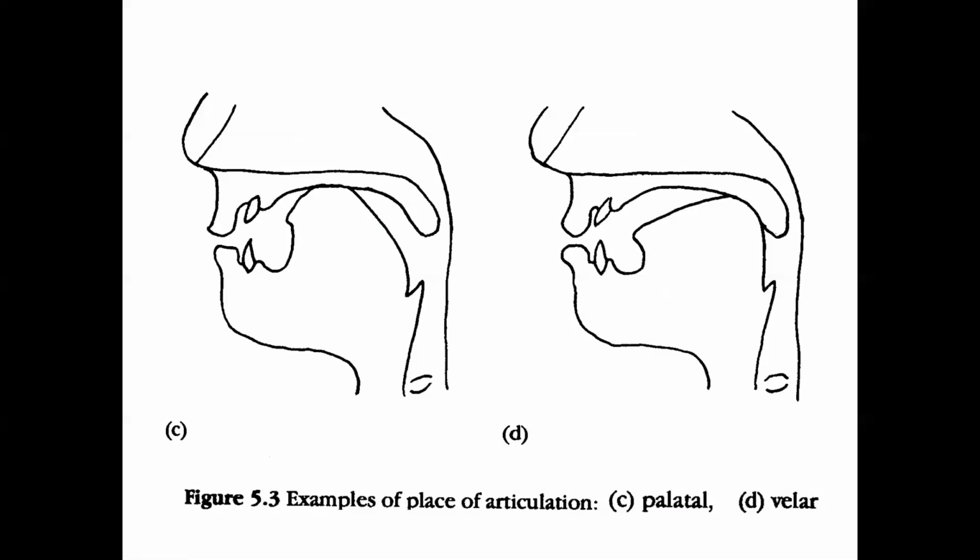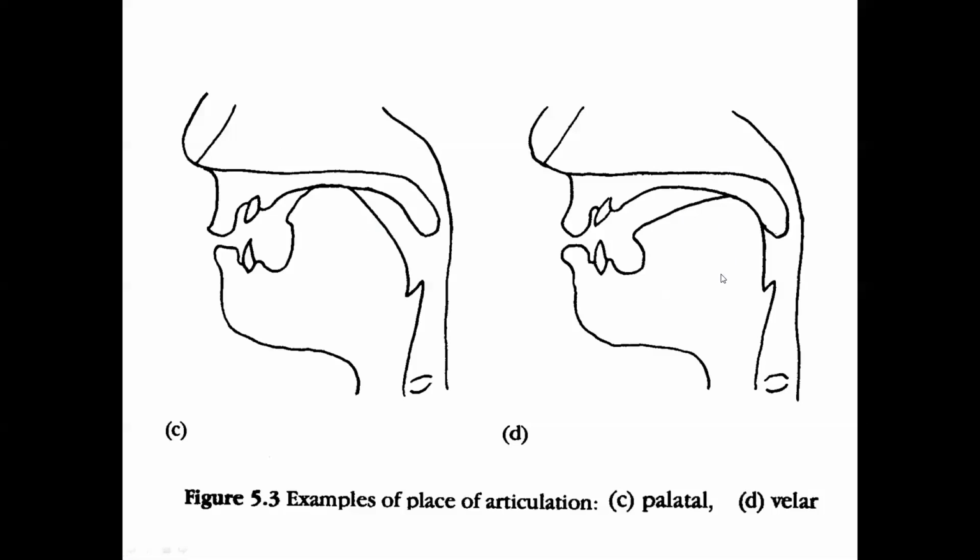Also moving back further in the mouth, we have palatal or velar consonants or sounds, right? And as you would imagine, pretty straightforward. For palatal sounds, the tongue is hitting the palate, that hard part of the roof of the mouth. Usually it's more the body of the tongue that's involved with that type of production, or the velar area, the soft palate, also with the body of the tongue.